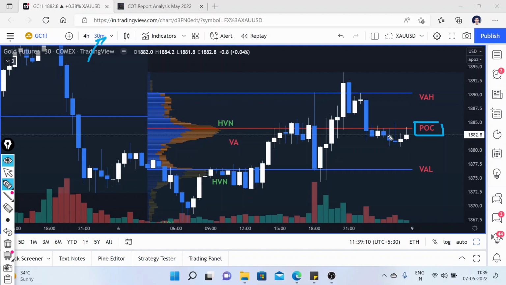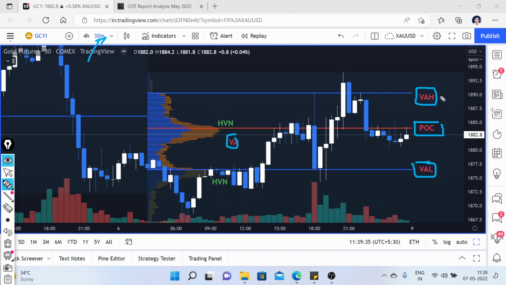I'm just going to describe the terms, then I will share the method that I use with this tool. So what is a VAH? This is value area high, this is VAL, value area low, this is the overall value area that I already discussed. Value area high is the highest point in the value area.